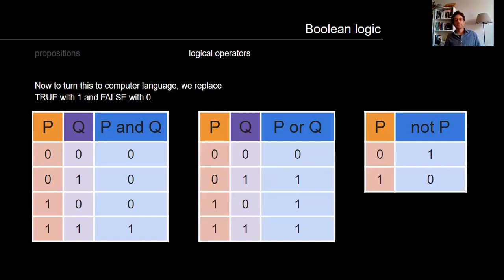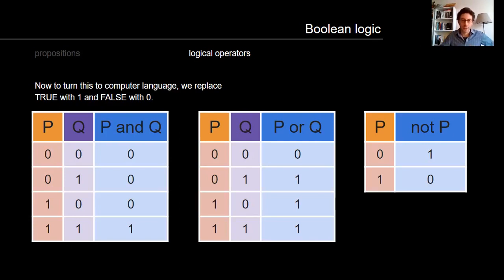And this is the truth tables for all these 3 operators. On the left-hand side, you'll see the truth table for AND with 0s and 1s as values. In the middle, the truth table for OR, again with 0s and 1s. On the right-hand side, the truth table for the NOT operator. I just replaced T's with 1s and F's with 0s.